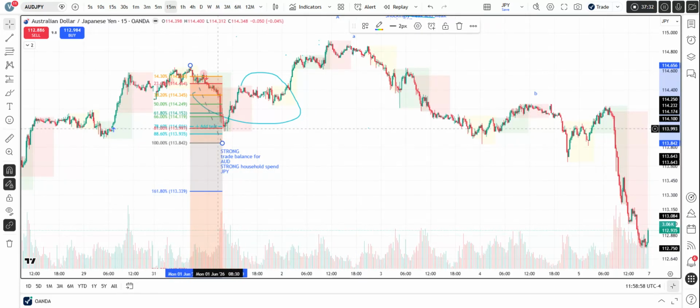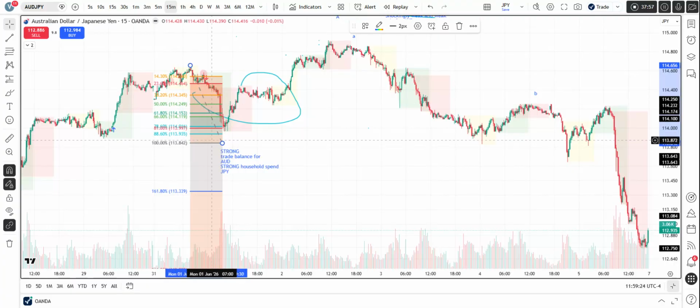So like right here, this retraced up to here. Yeah, I gotta reverse it.